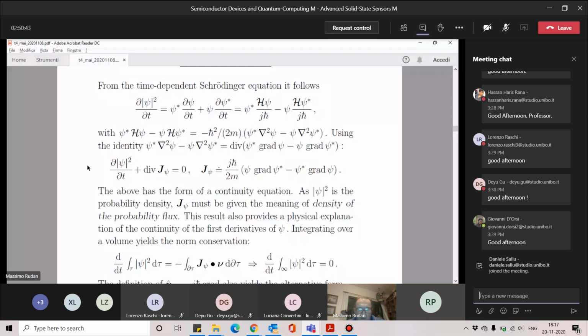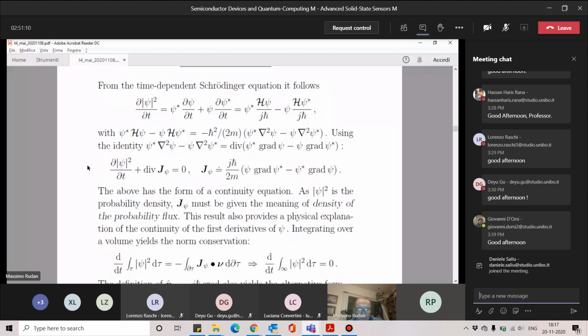You see that it contains the first derivatives of the wave function, and this explains also why it is sensible that the first derivatives of the wave function are continuous, because they form the probability flux, and the probability flux is expected to be continuous.